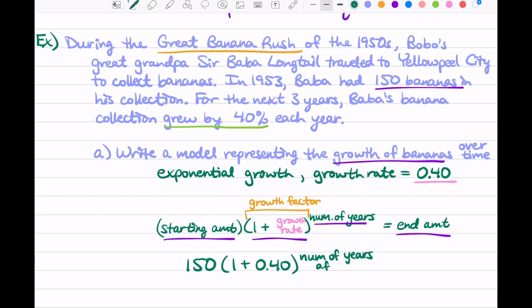After 1953, remember he starts his collection in 1953, so we can plug in the number of years after that to get our end amount. Now let's simplify this a bit. Let's use n to represent the number of years after 1953, and our end amount of bananas we can call b.